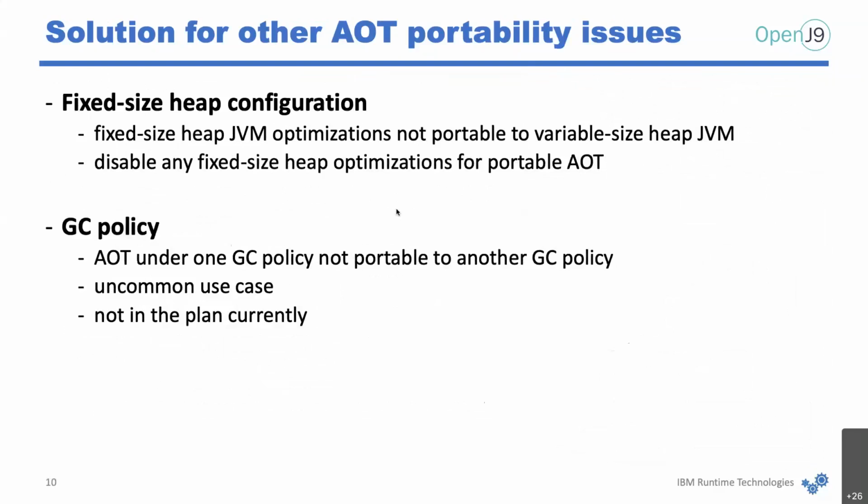We have not gotten to the development of this yet, so we don't have any performance number to show right now. And for the portability issue where different GC policies can't share AOT, we do not think this is a common use case for the user to change their application's GC policy from run to run. Therefore, this one is not in the plan right now.